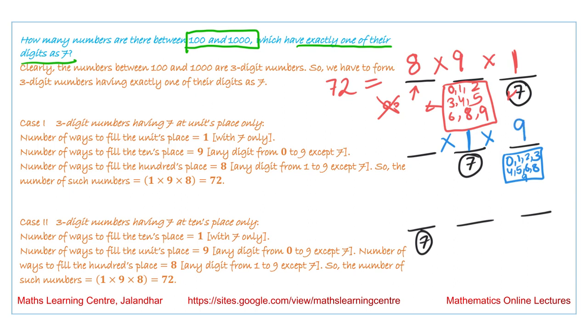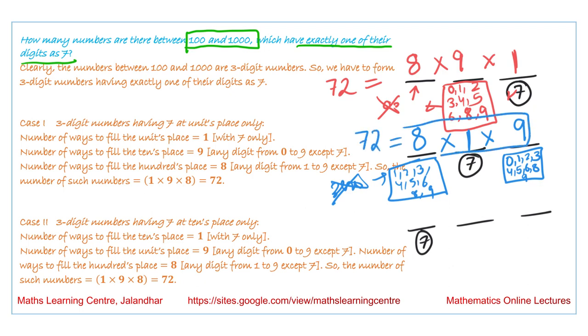Now for the hundreds place, the options for this digit are 1, 2, 3, 4, 5, 6, 8 and 9. 0 cannot be there. So the total number of options we have is 8 again. It is 8 into 9, it is 72.